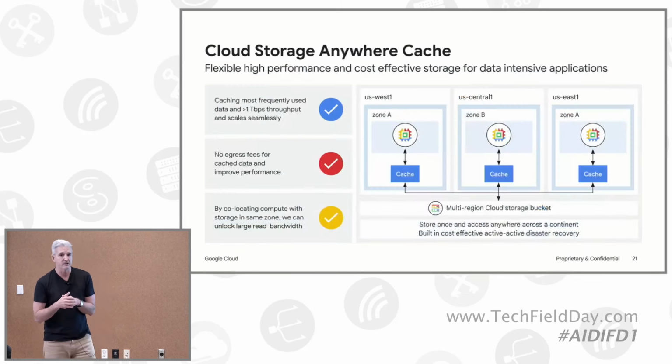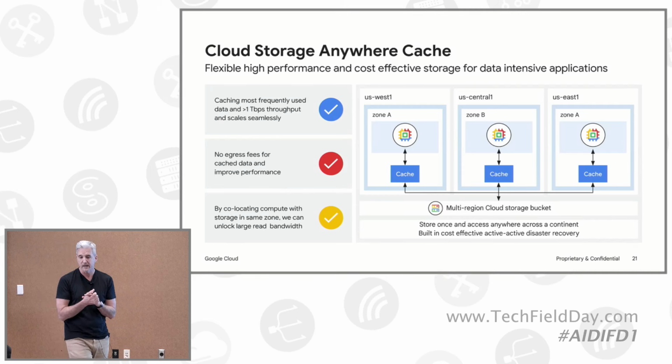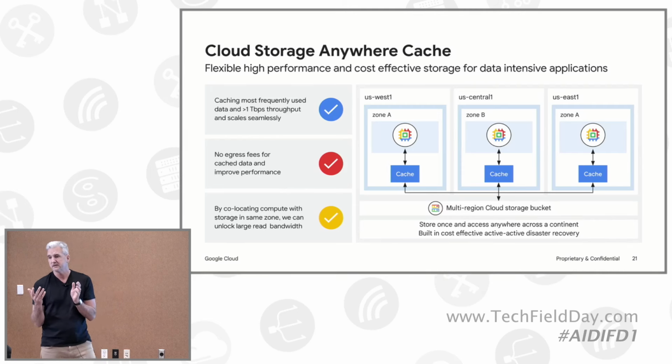I wanted to walk through another example. We'll come back to GCS FUSE, but another area where we've been spending a lot of time is with this new feature called Cloud Storage Anywhere Cache. We started talking about it maybe towards the end of last year, and then really talked about it in detail this spring at Next. But Anywhere Cache, you can think of it as an SSD local zonal cache that's built directly on top of GCS.